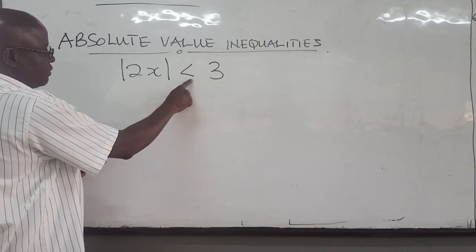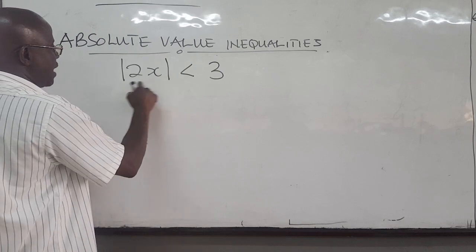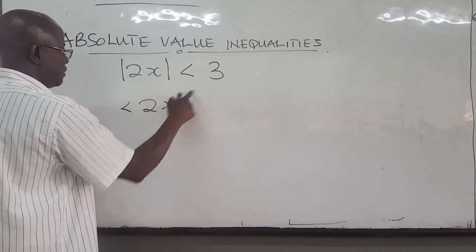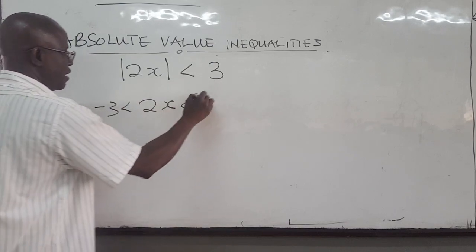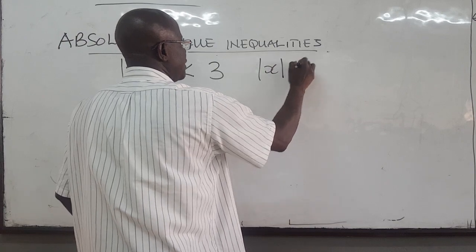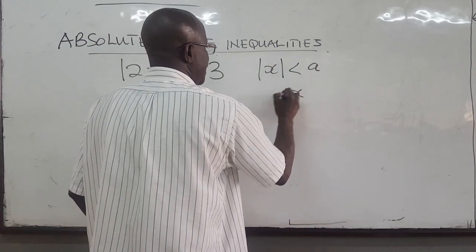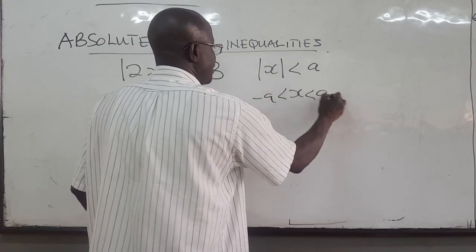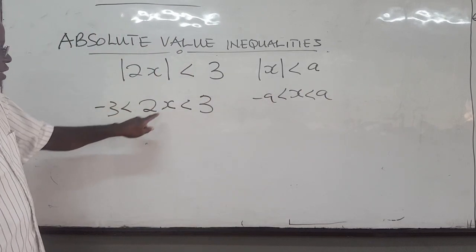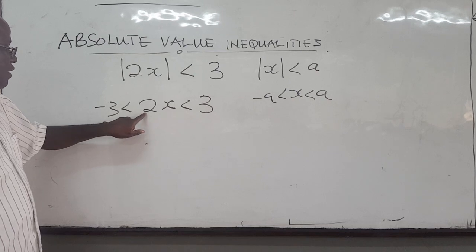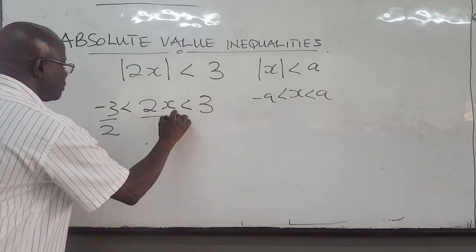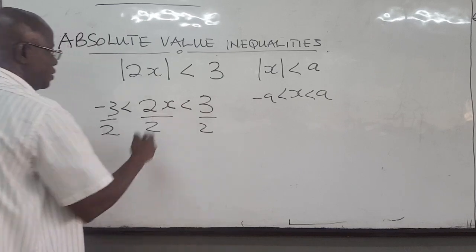Because it's less than, this means that what is in the absolute value symbol will be between negative 3 and 3. Remember, absolute value of x less than a means that x lies between negative a and a. Keep that in mind. So this can be written as this. We are looking for x, so you can divide through by 2.